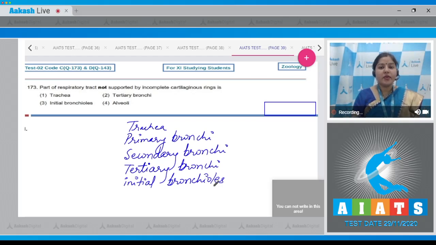Incomplete cartilaginous rings are absent in terminal bronchioles and alveoli. So correct answer to our question is option number 4. Let's move on to the next question.